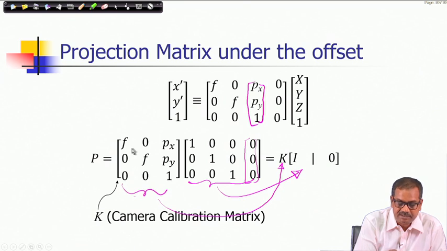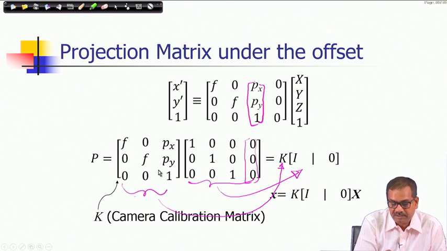So, what are the elements there? You can see that once again the diagonal elements are formed by the corresponding focal length, that is diagonal f, and these are the offset principal point.